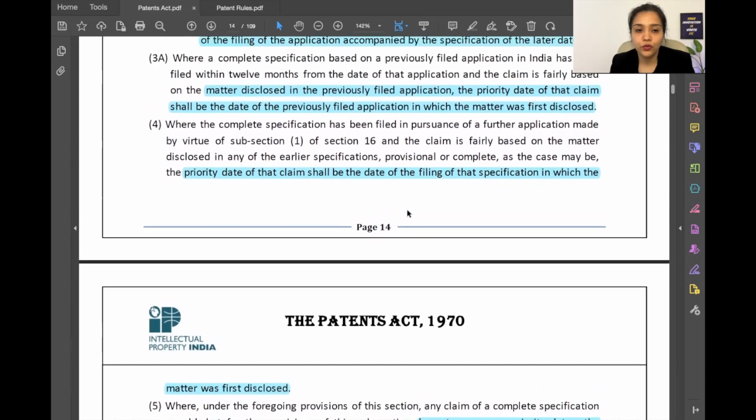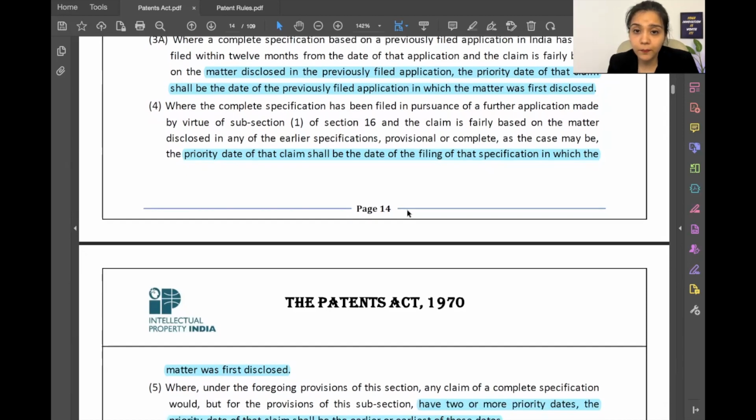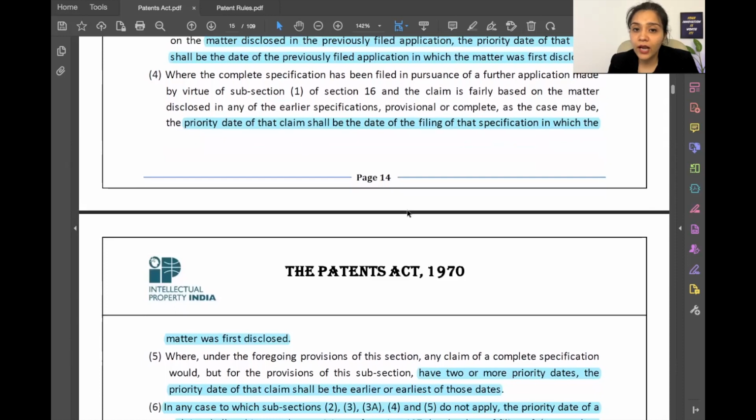Then we have clause 4, where the complete specification has been filed in pursuance of a further application made by virtue of subsection 1 of section 16. What is subsection 1 of section 16? It is the divisional application. If I filed an application and I am now dividing it into two applications, and the claim is fairly based on the matter disclosed in any earlier specification, provisional or complete, as the case may be, the priority date of that claim shall be the date of filing of that specification in which the matter was first disclosed.